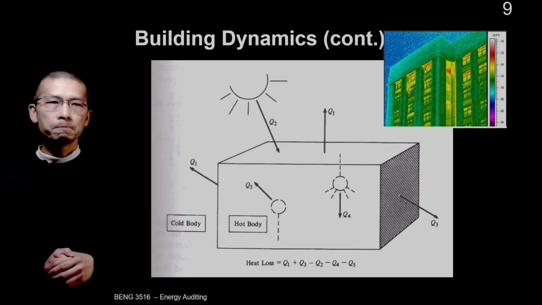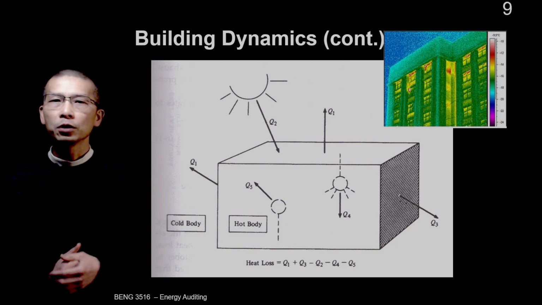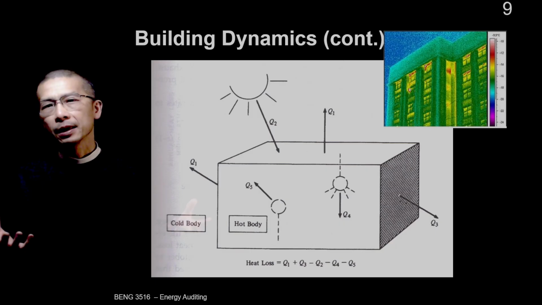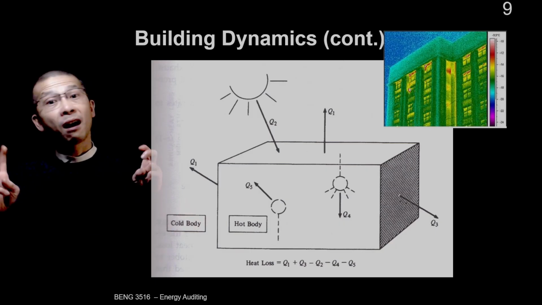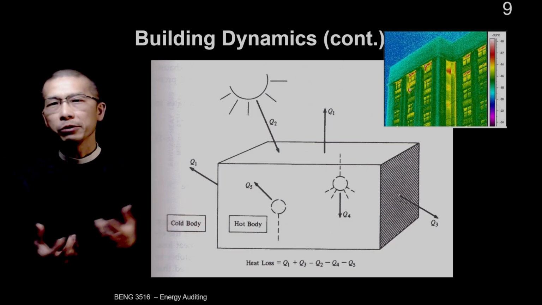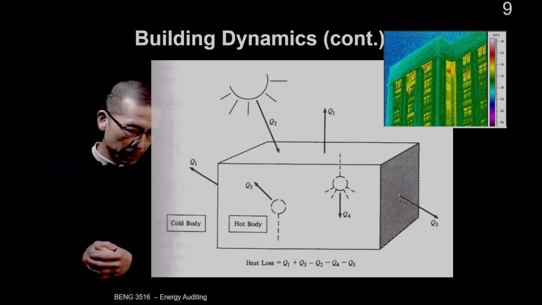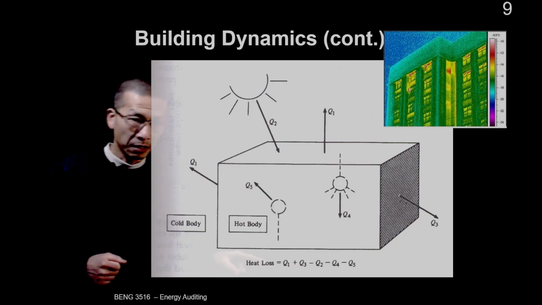Now, look at the contrast in wintertime. The building is now a hot body, right? Our primary goal is to minimize heat loss during the winter time. So therefore, you can see now this is heat loss.